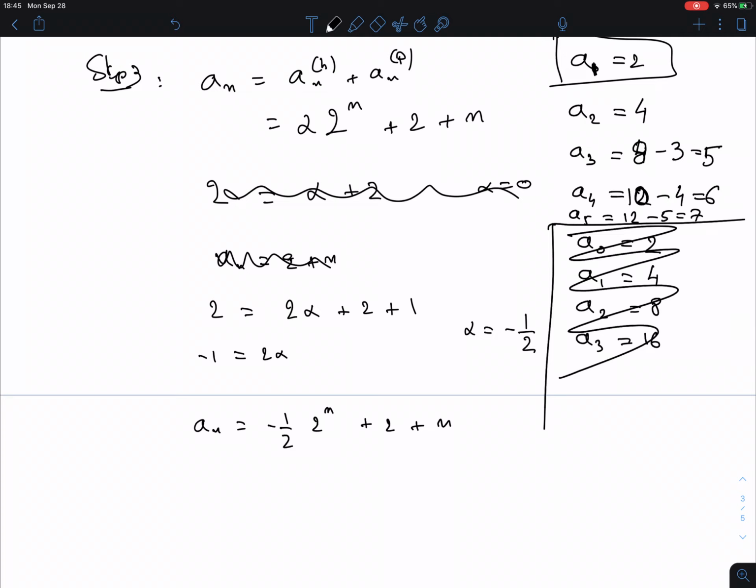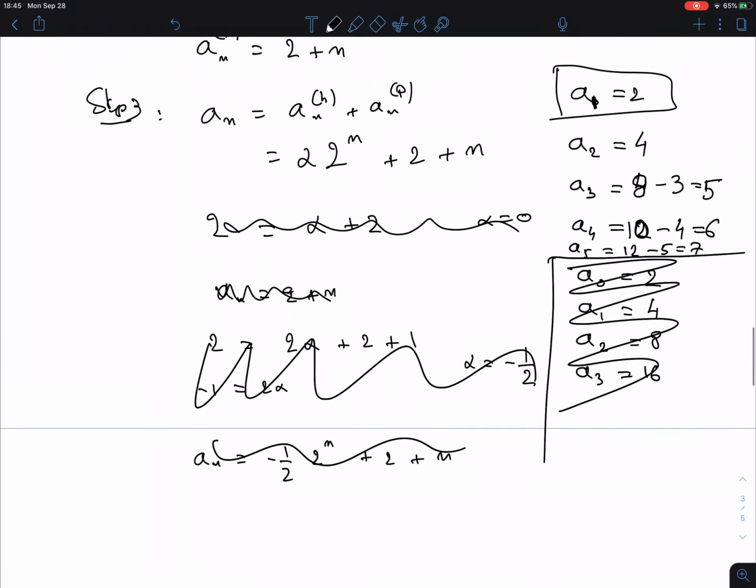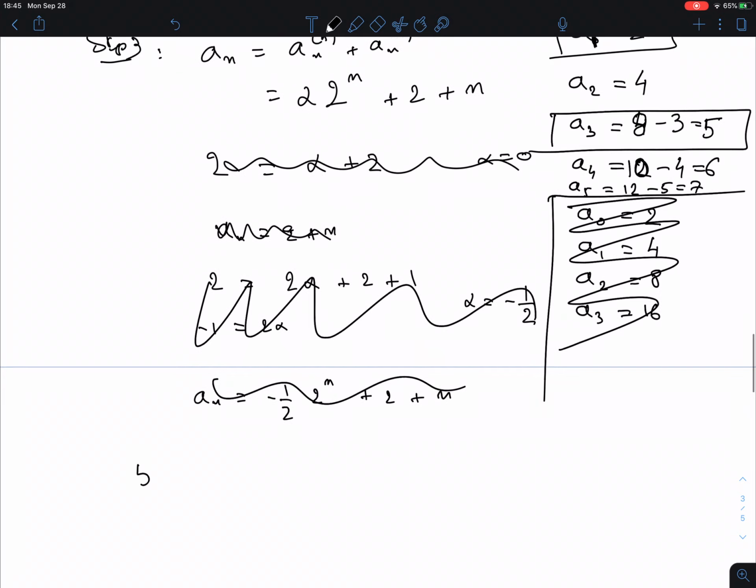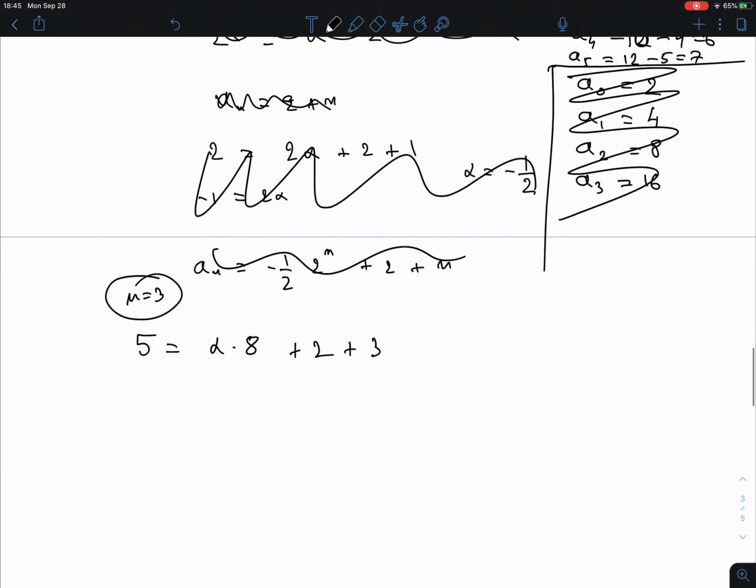Okay, so our initial condition therefore is we have to start here with, sorry, the formula starts from year 3, they say. So we have to start with 5 for n equals 3. So 5 is equal to alpha times 2 to the third, 8, so n is 3, right? Plus 2 plus 3, so that's 5.